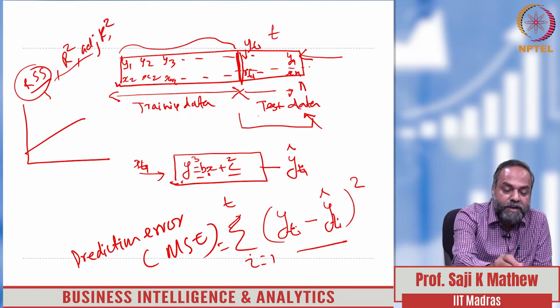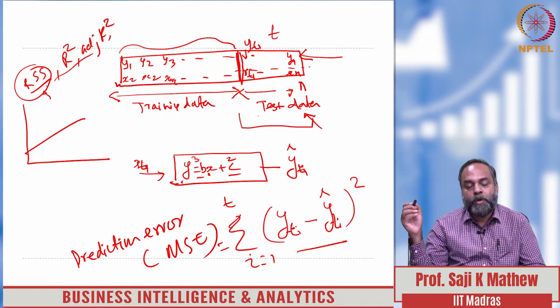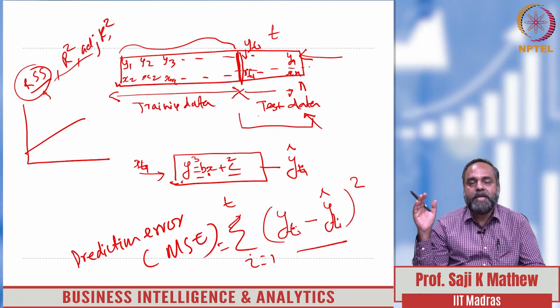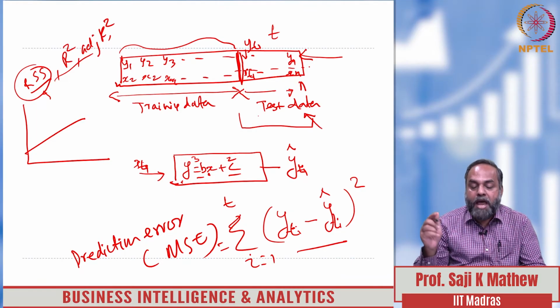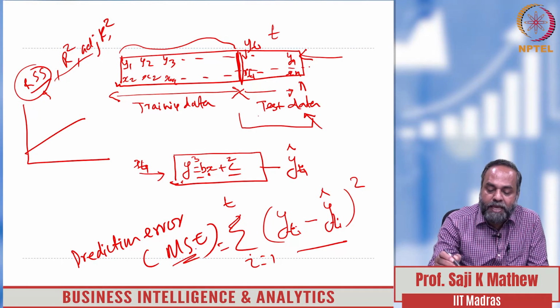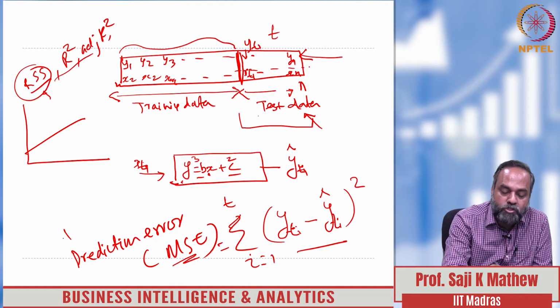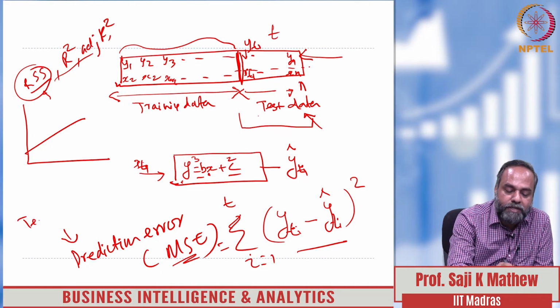Prediction error is different from residual sum of squares. Residual sum of squares is the error of the fit, whereas prediction error is the error of prediction. MSE can also be called test error.